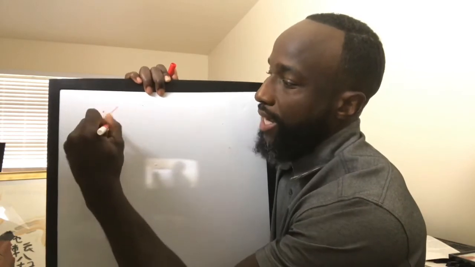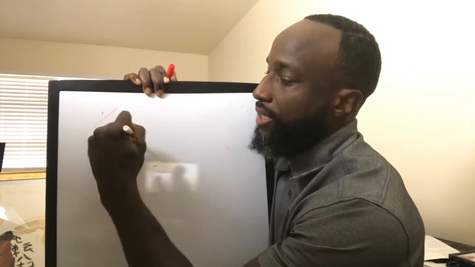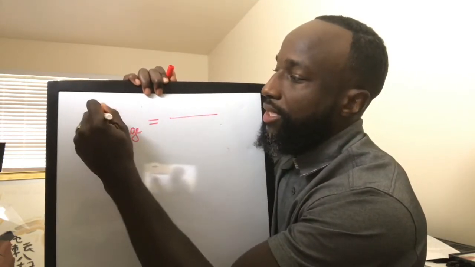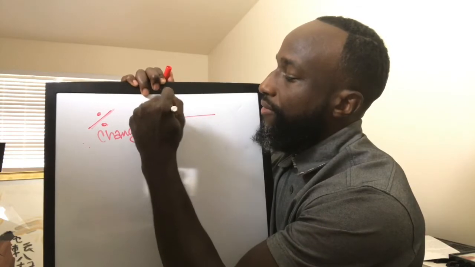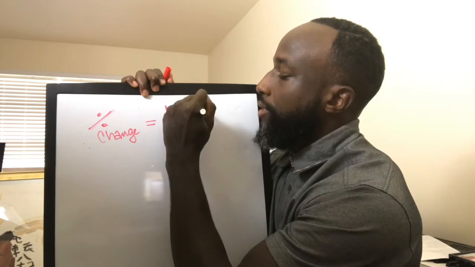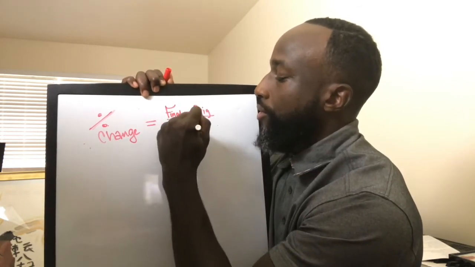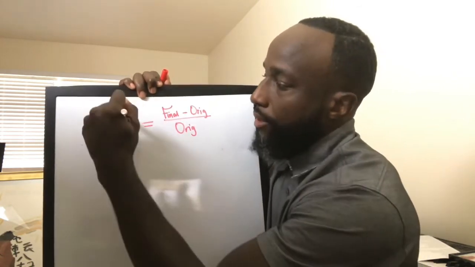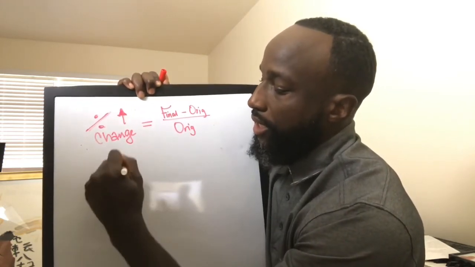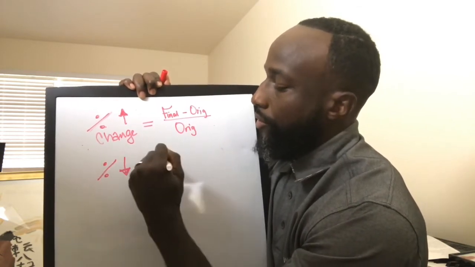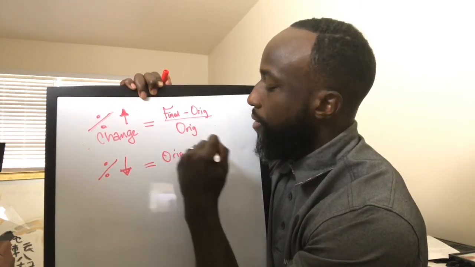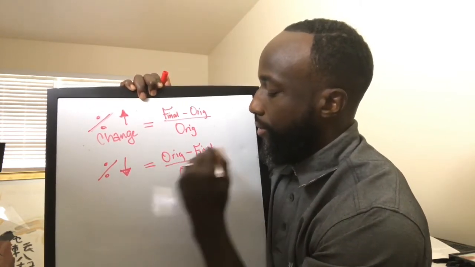Percent change, for an increase, is the final amount minus the original amount, over the original amount. For percent decrease, you do the original amount minus the final amount, all over the original amount.